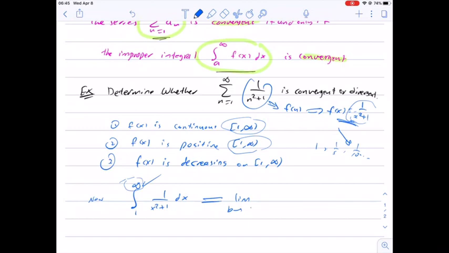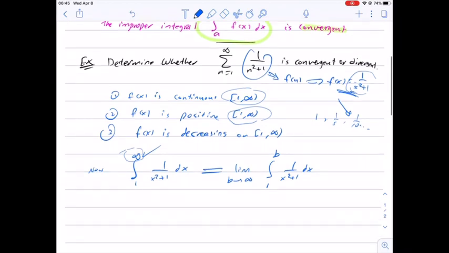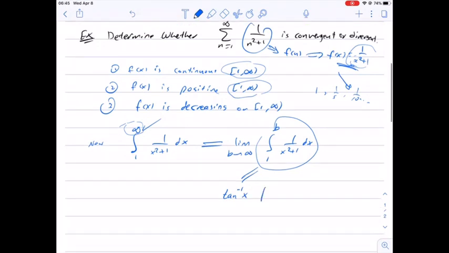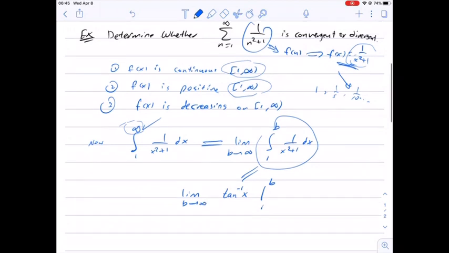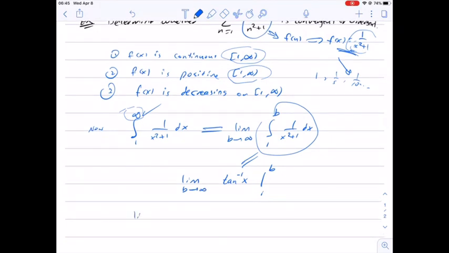So we write the limit as b goes to infinity of the integral from 1 to b of 1 over x squared plus 1 dx. We know that this integral is tan inverse of x, from 1 to b, with the limit as b goes to infinity.